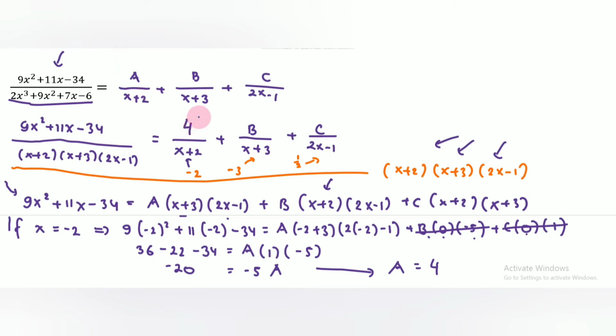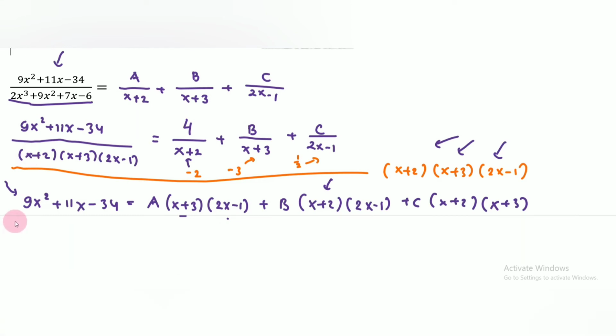Okay, so let me just erase this one for the sake of space. If I use the second zero, if x equals -3, therefore my equation will be 9 times -3 squared plus 11 times -3 minus 34 equals, this one will be 0, right?